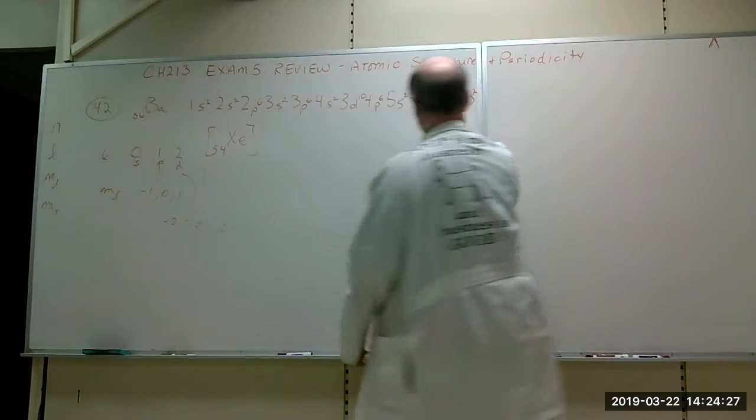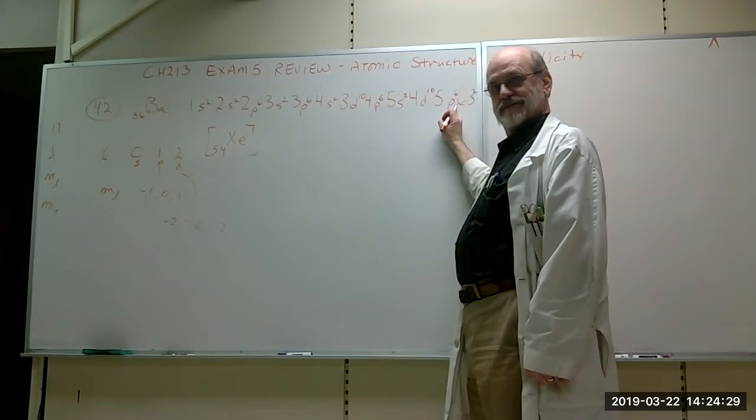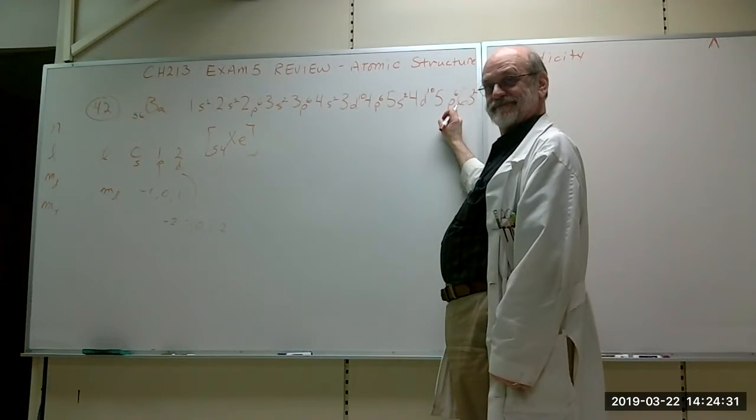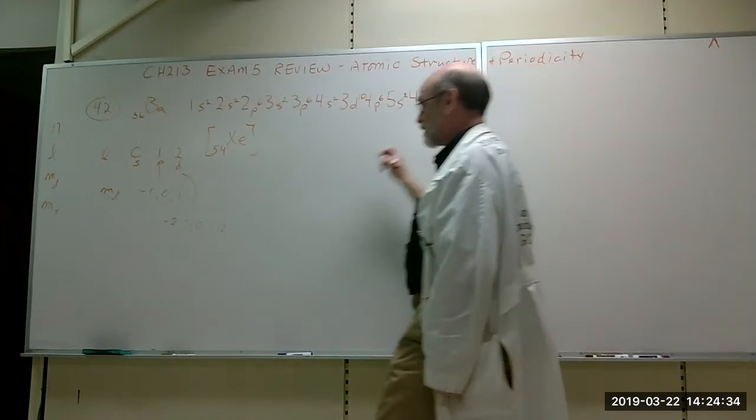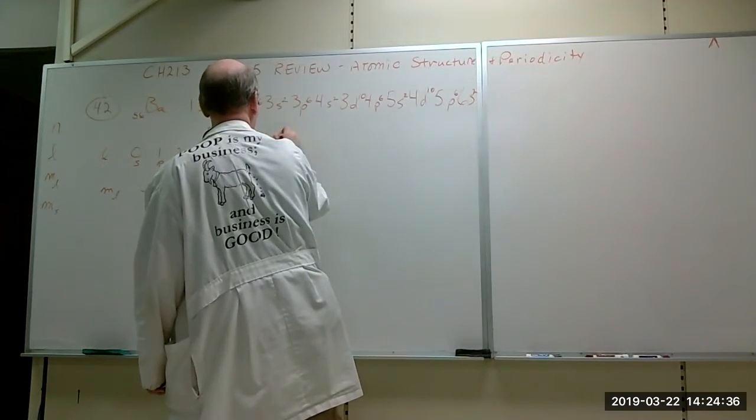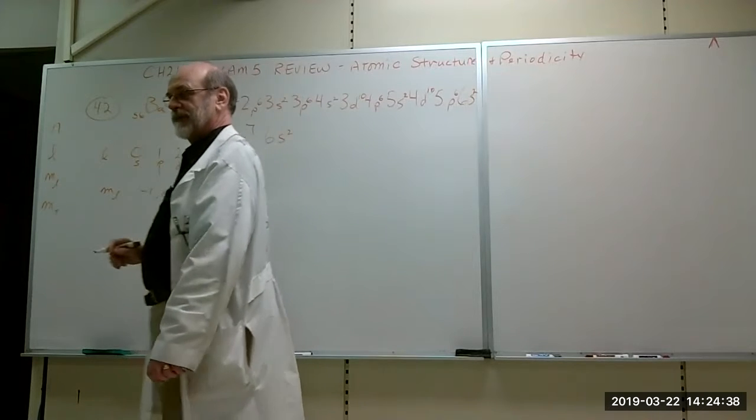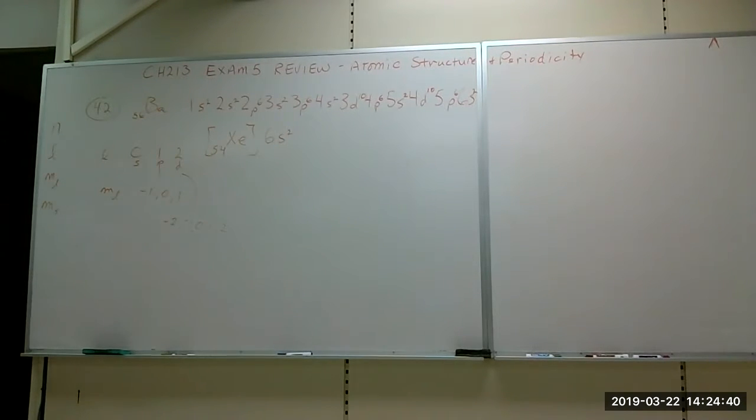Up to here is 54, so that means we only have 6s2 left. Watch your periodic table, that's 54. What are we filling here? 6s2. And you can write the structure just that fast.